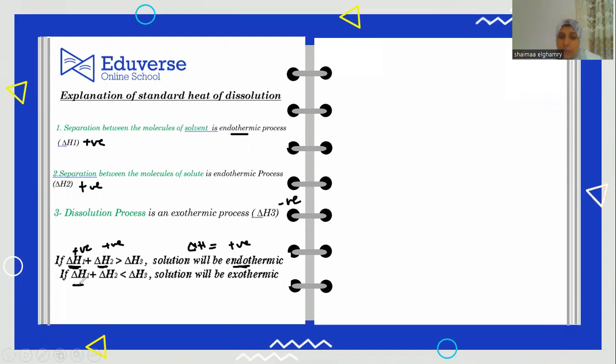If delta H1 plus delta H2 is less than delta H3, the solution will be exothermic because delta H final will have a negative value, since delta H3, representing the combination between solute particles and solvent particles, has a negative value.